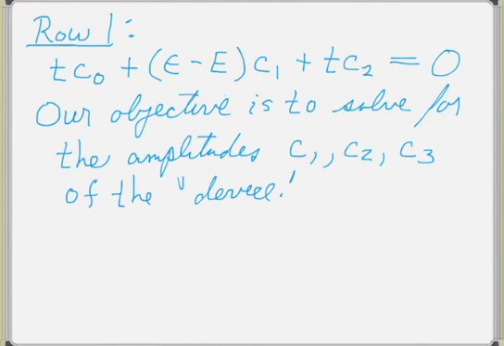If you're doing a full Schrodinger-Poisson equation, you need these amplitudes because they're going to give you the charge density in the device. You would feed that charge density back into Poisson's equation, get yourself a new potential, and iterate until convergence. So we need these amplitudes to get both the charge density and the current.